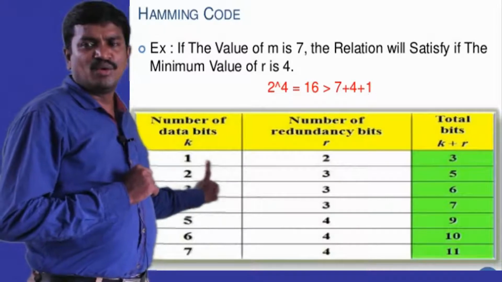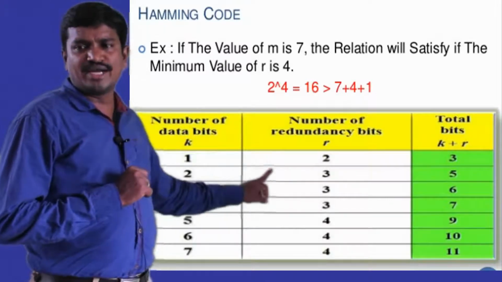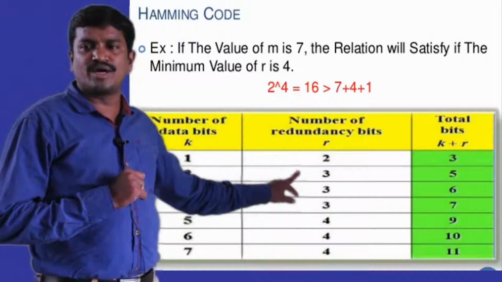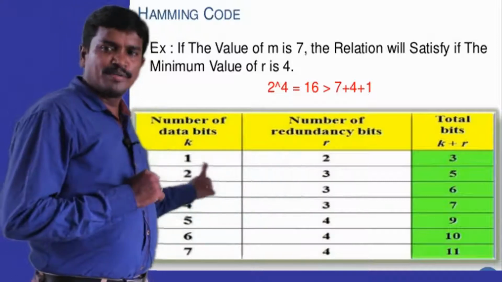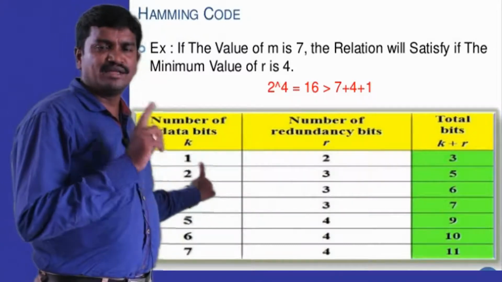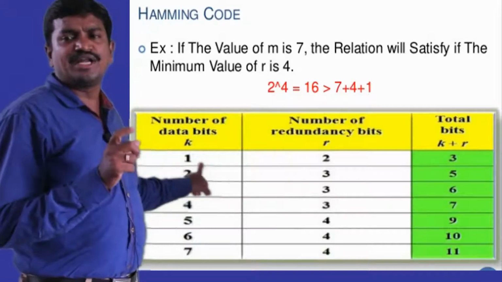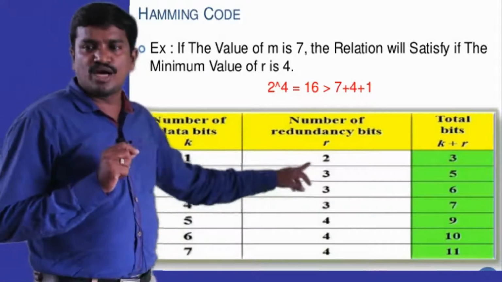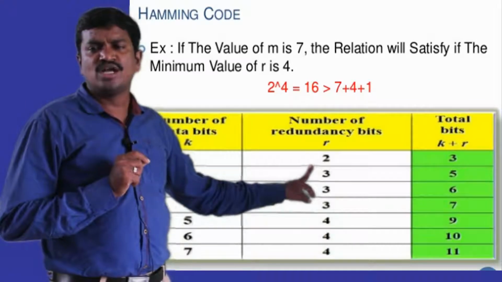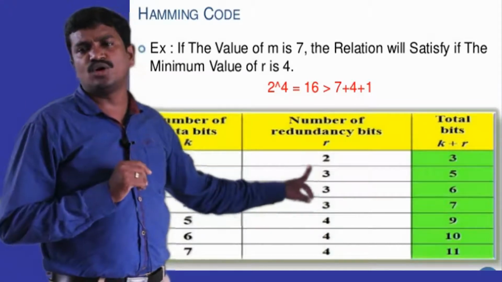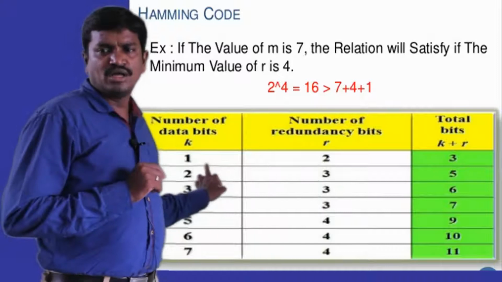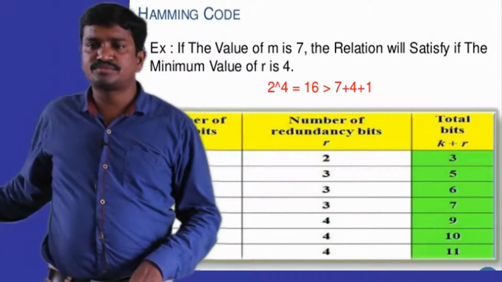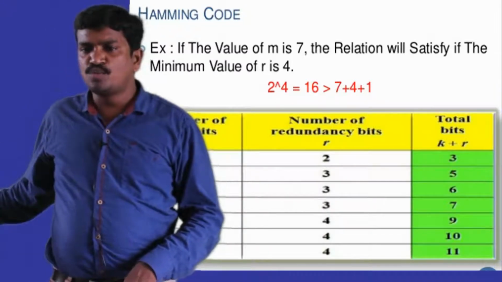Then the number of redundant bits required is 2. If you want to represent a data unit of size 1 bit, then we require 2 redundant bits, as far as the Hamming code logic is concerned. That logic is shown in the previous slide. That logic is 2 power r.